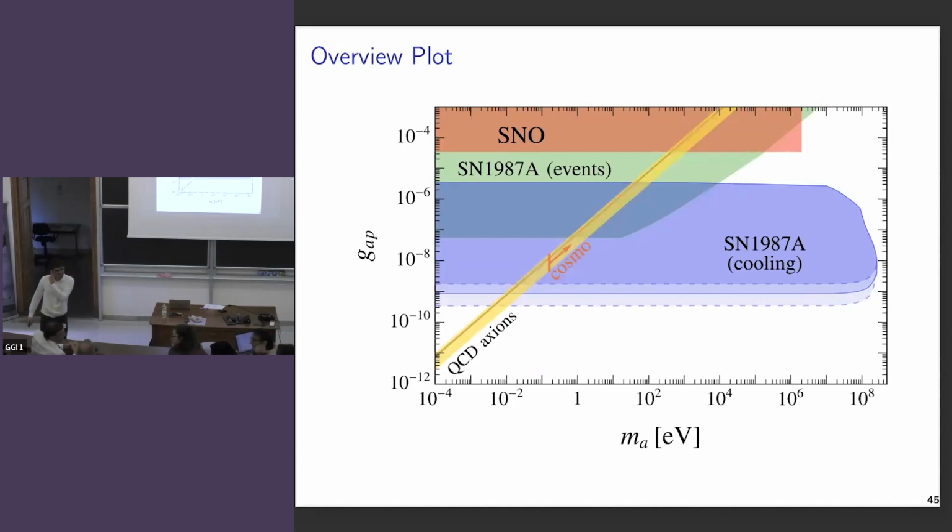Was it that slow in the beginning? Oh, this comes actually from the possible observation of the axial dissociation of deuterium in SNO experiments, actually.